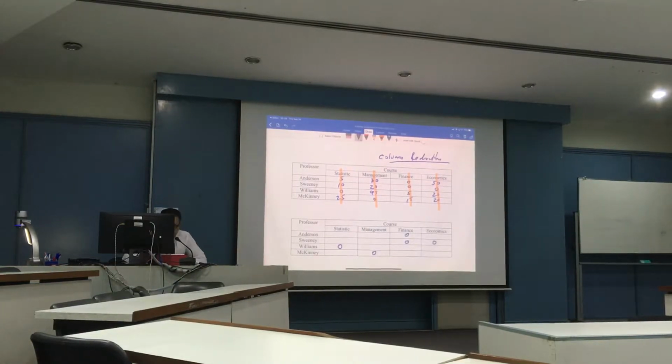So finally, Anderson goes to finance, Sweeney to economics, Williams to statistics, and McKinsey to management. And you find the rating where you want. So assignment is not that difficult, okay, but just follow step by step.